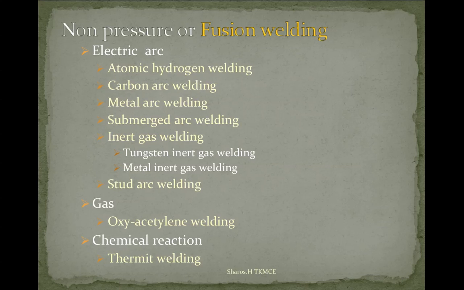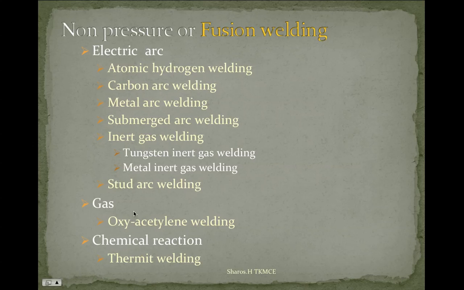TIG and MIG welding is familiar to you by name because it is gaining more importance in today's scenario. TIG and MIG welding come under inert gas welding processes. Gas welding, obviously oxyacetylene gas welding, is most familiar and generally used.